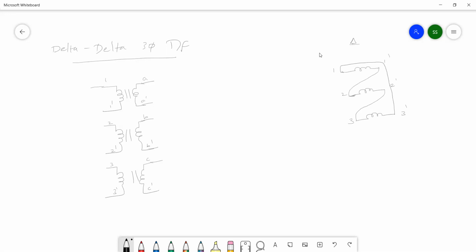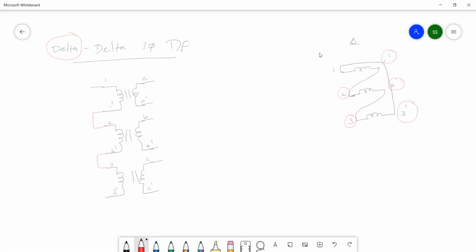Now on primary side, see delta connection. Primary side is now delta. Delta in the sense, what are the terminals we connected? 1 dash and 2. So 1 dash and 2. Clear? Next 2 dash and 3. So 2 dash and 3 completed.